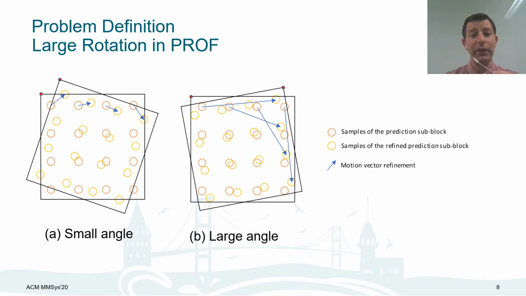When they are very big, the gradient isn't valid. So PROF not only doesn't improve the performance, it also makes the prediction values very bad.